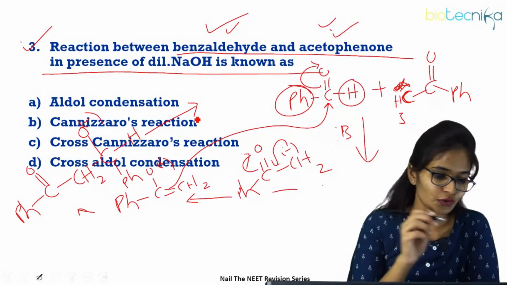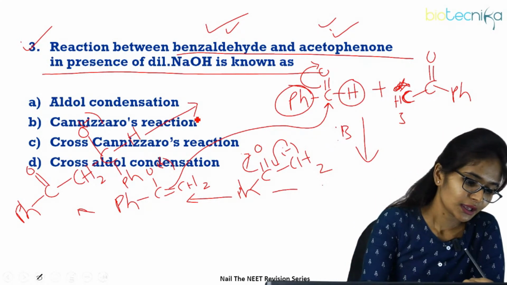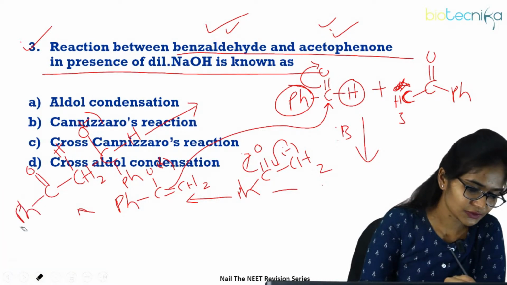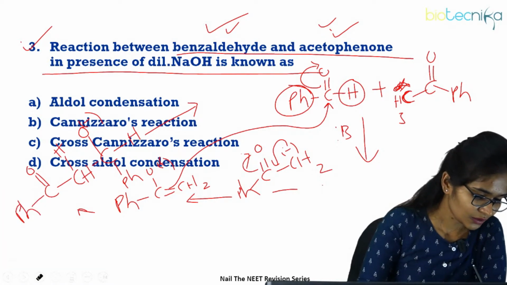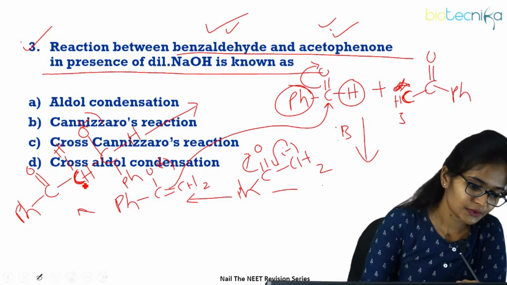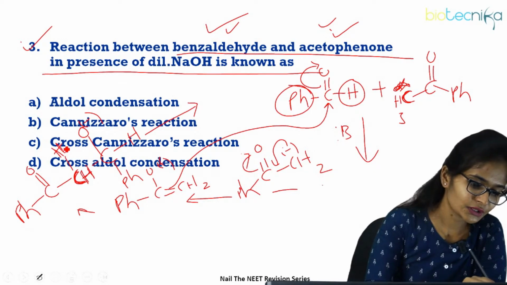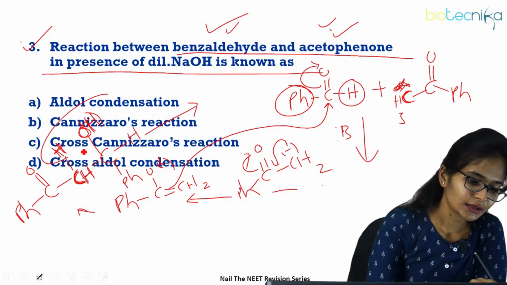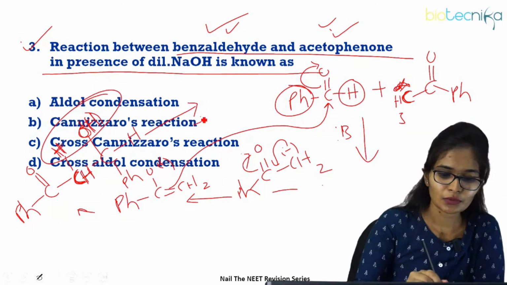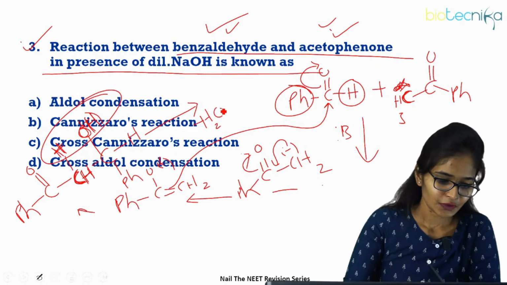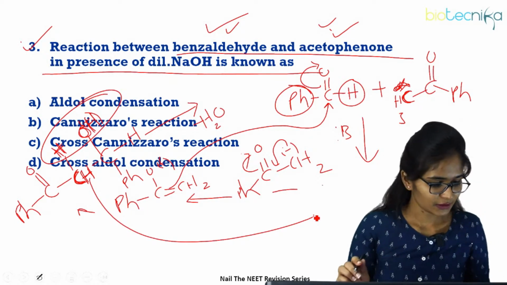It carries one hydrogen on one side and a phenyl group on the other side. This oxygen carrying the negative charge can be protonated. One hydrogen from this carbon, one hydrogen here, and after protonation it becomes OH and goes out as a water molecule. Removing the water molecule, let me write what you get overall.